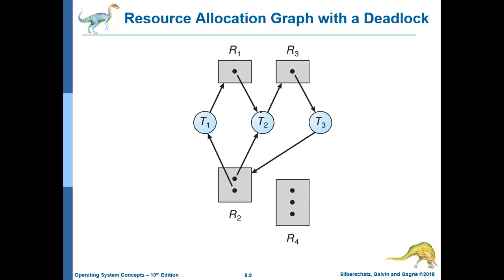T2 will execute. After execution T2 will release all the resources it is having: R2, R1, R3. Then R1 will be allocated to T1. T1 requires only R1, so T1 will be executed.